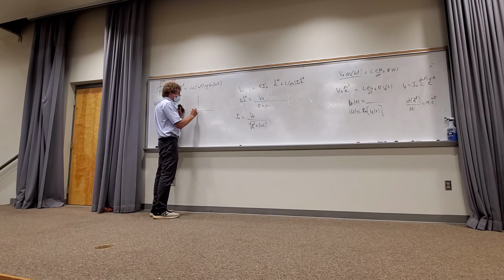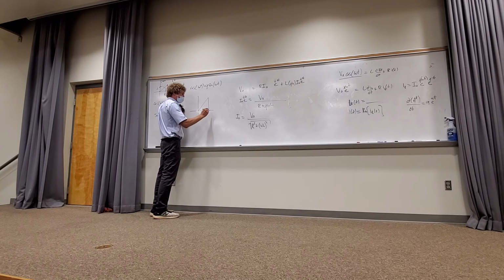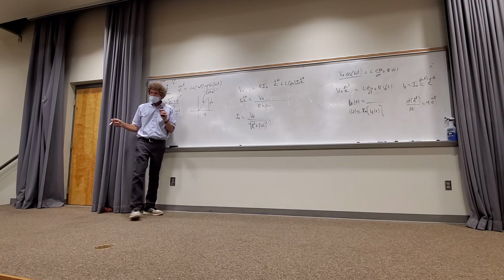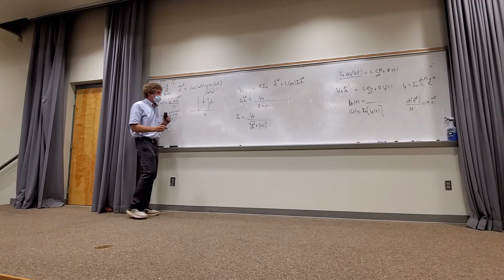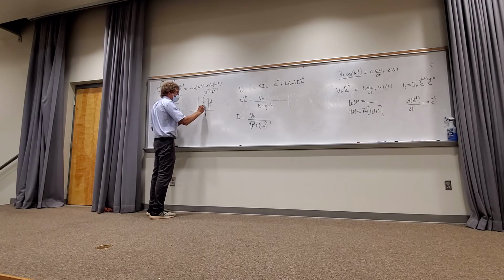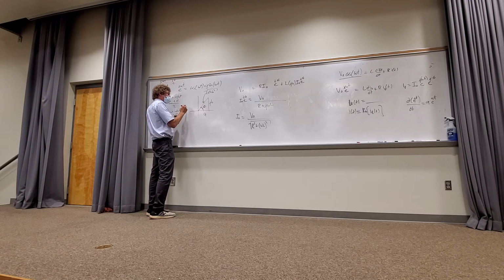If I have something, and this is going to be A, and this is jB, you all understand that the hypotenuse would be the square root of A squared plus B squared, right? You with me on that? This angle right here could be gotten from the tangent, right?